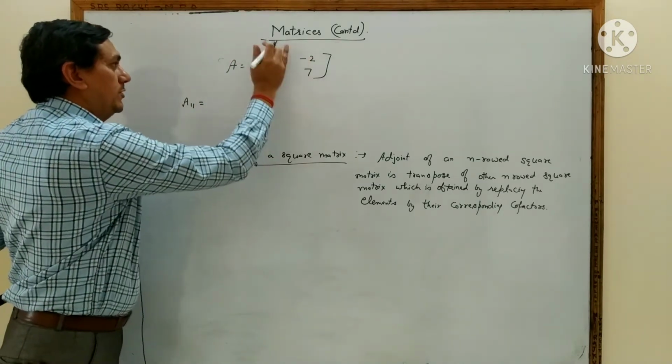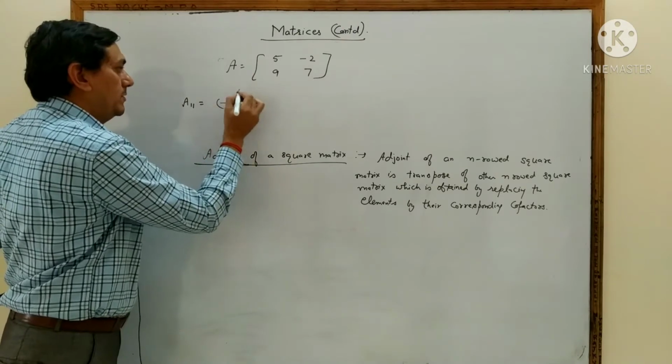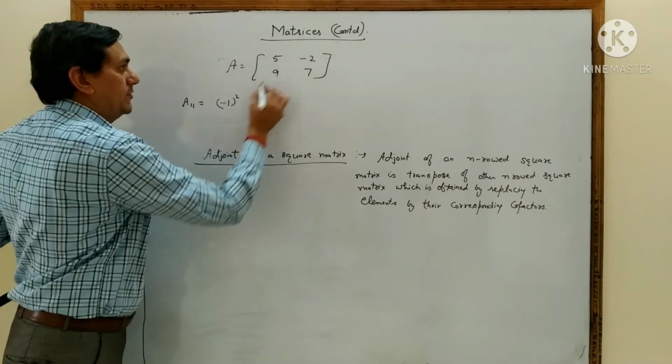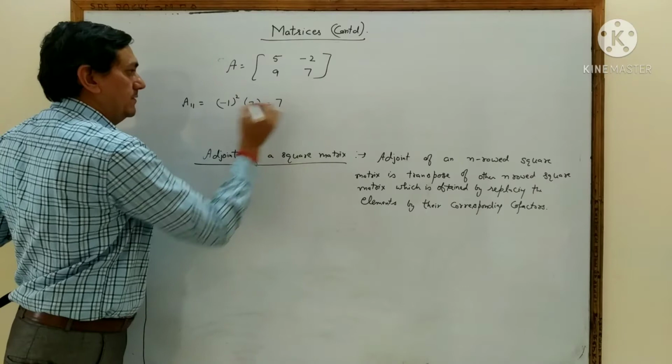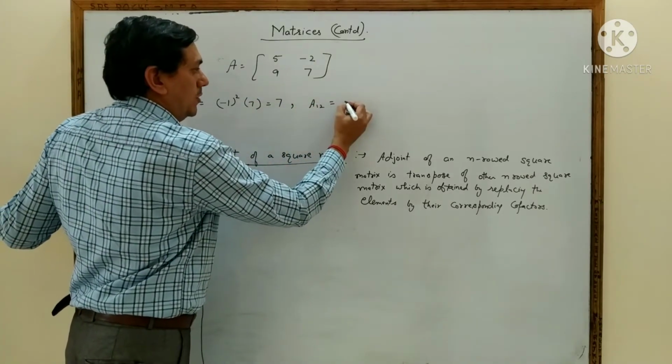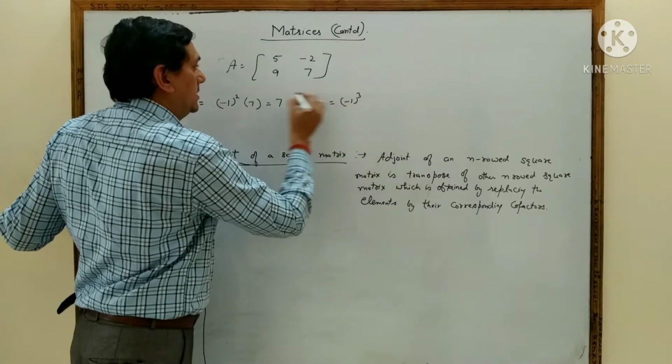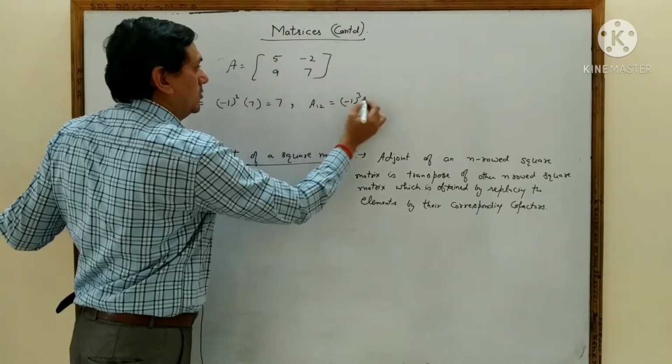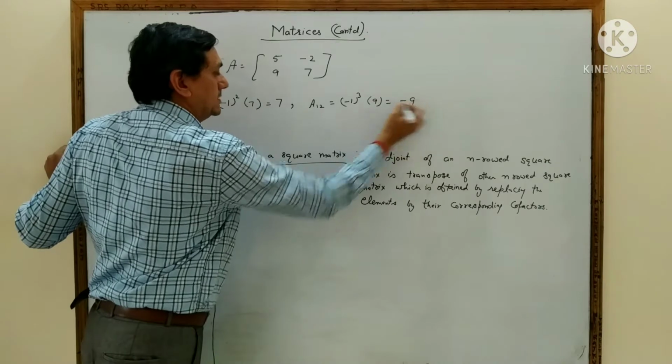A11: delete first row and first column, minus 1 raised to the power 2, gives 7. A12: minus 1 raised to the power 3, delete first row, second column, gives minus 9.